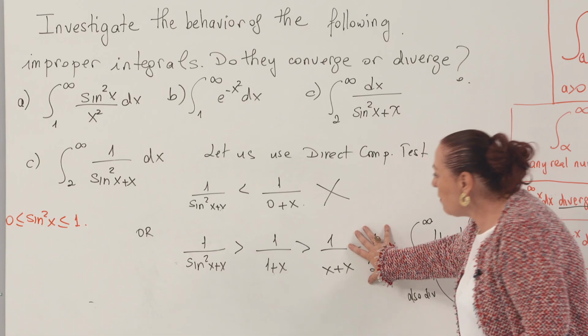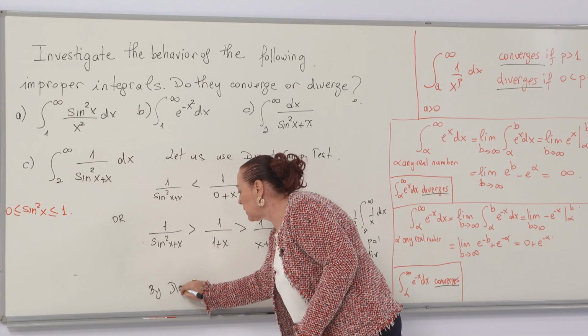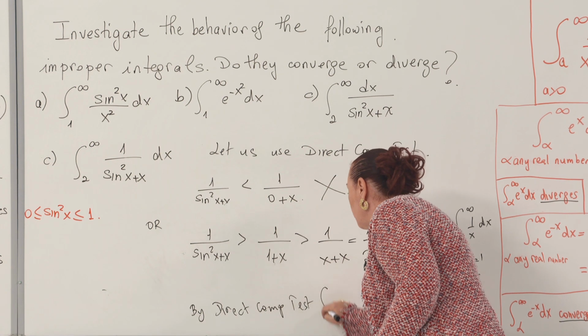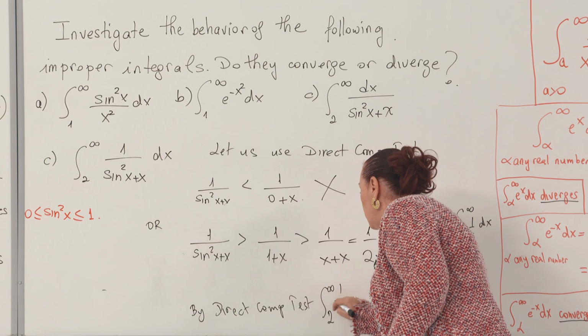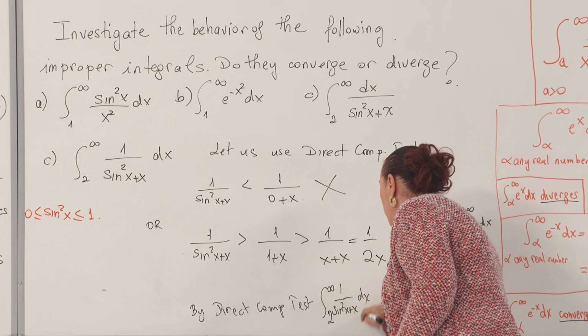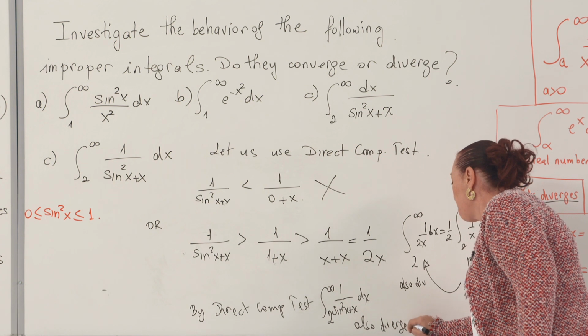So if this is divergent, by the direct comparison test, the integral from 2 to infinity of 1 over sine squared x plus x dx also diverges.